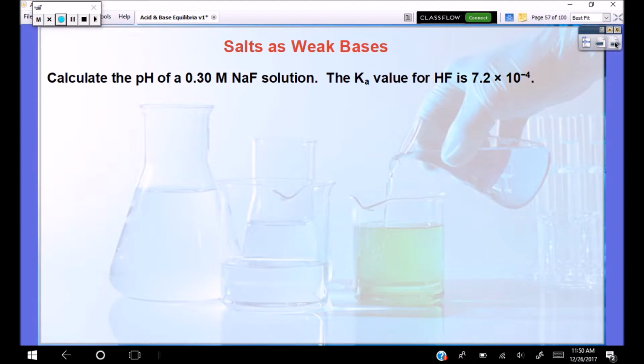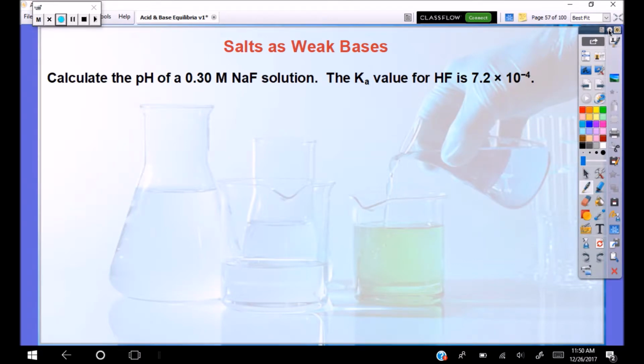So whenever we read these problems, the first thing we have to do is figure out where the ions are coming from, and that will give us a big clue as to how we're going to set this up. Now, if it's a weak base or a weak acid, we're going to have to do some RICE tables. If they're strong and strong, it's going to be neutral anyway, so it'll be pretty easy to see.